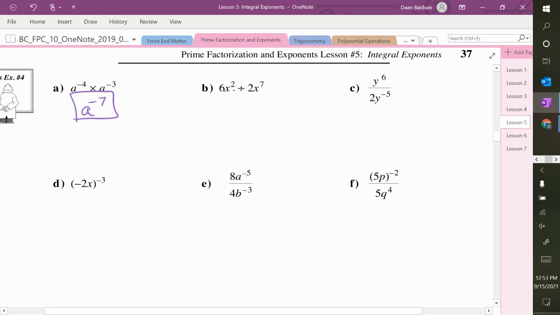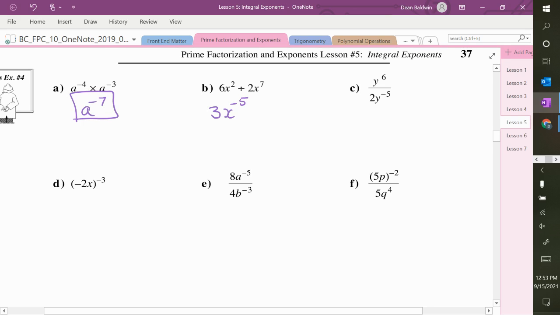All right. 6x squared divided by 2x to the 7. What's 6 divided by 2? 3. X squared divided by x to the 7. If you are dividing, what are you doing with the exponents? Subtracting. What's 2 minus 7? Negative 5.